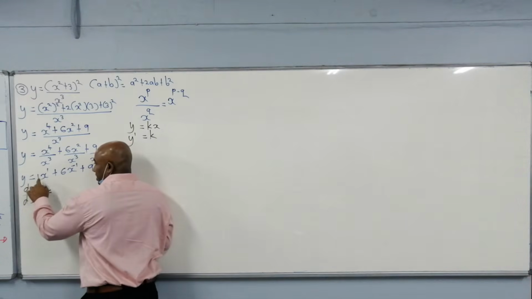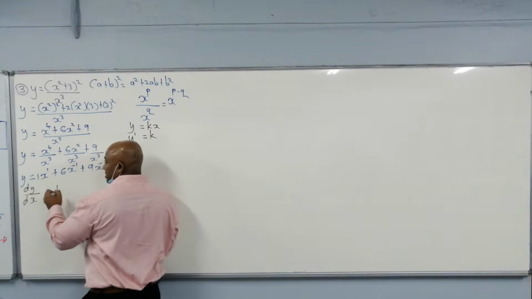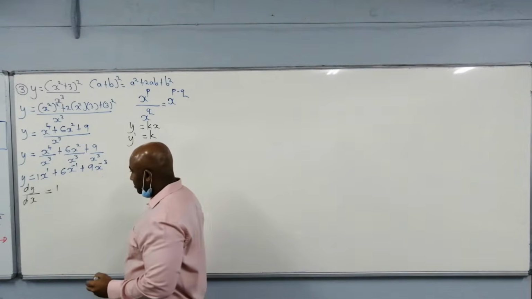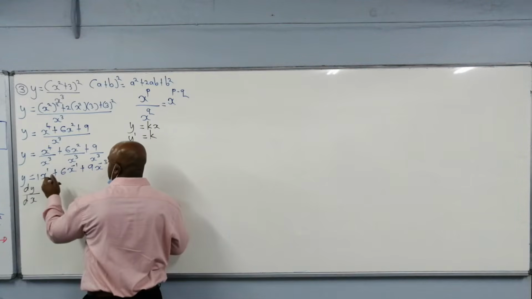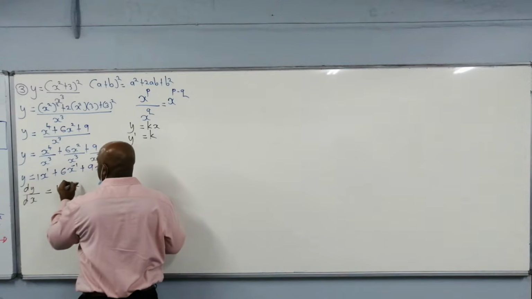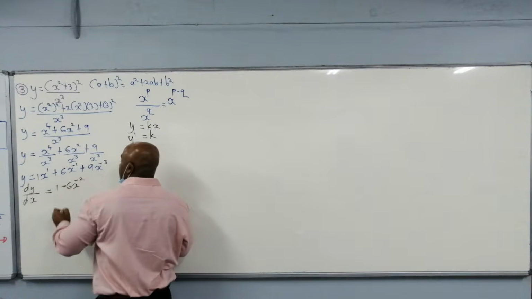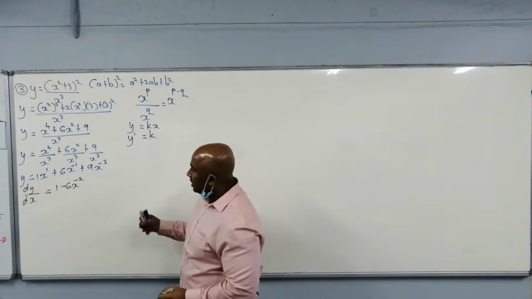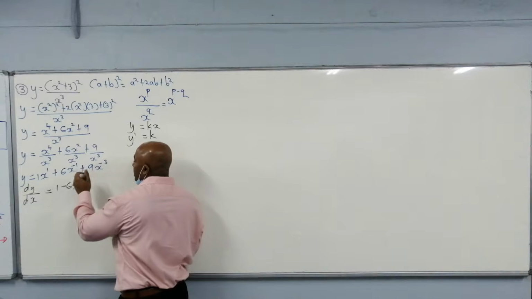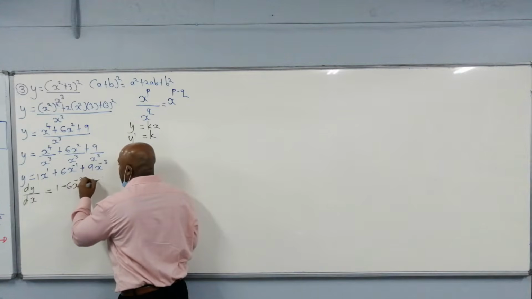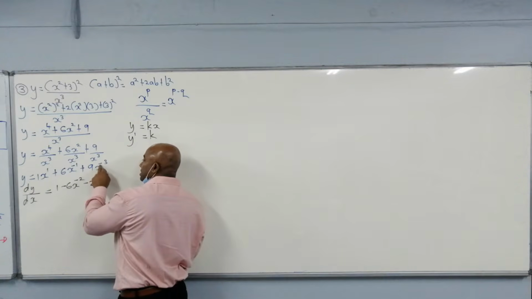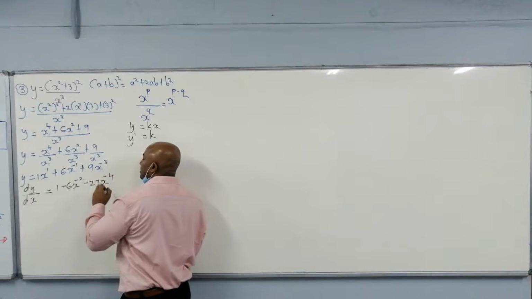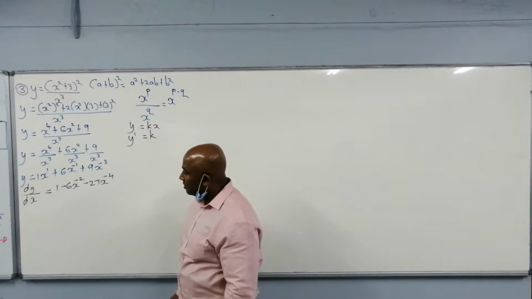So what's in front here is a 1. So the derivative of 1x is just 1. The derivative here, 6 times minus 1 is minus 6x to the minus 2. Here, 9 times negative 3 is minus 27x to the minus 3 minus 1, which is minus 4.